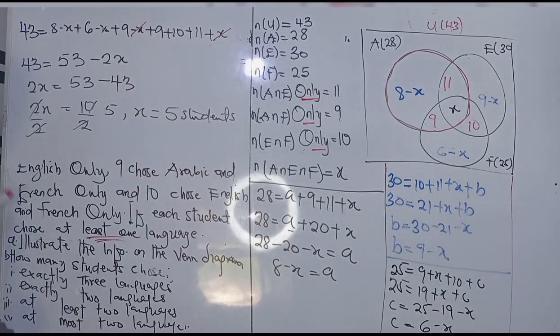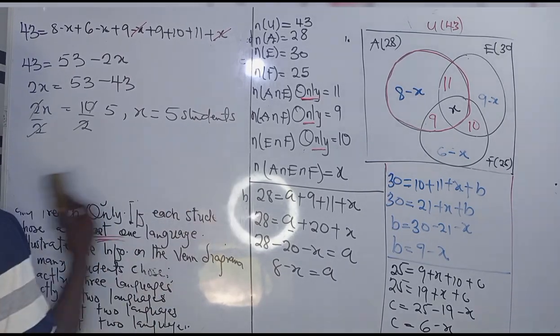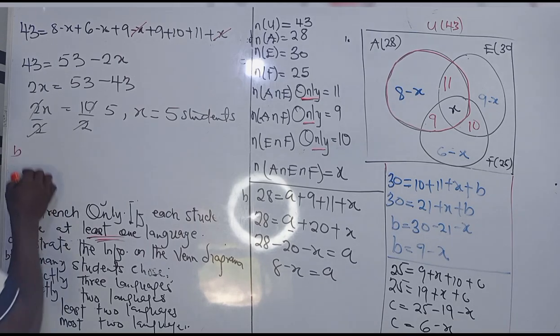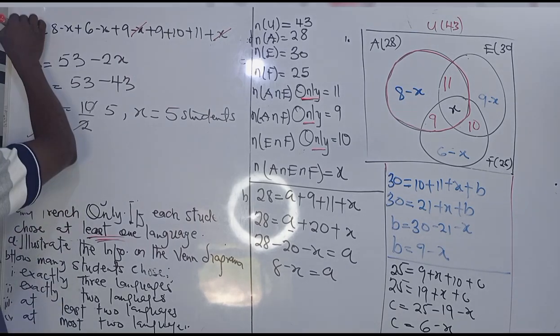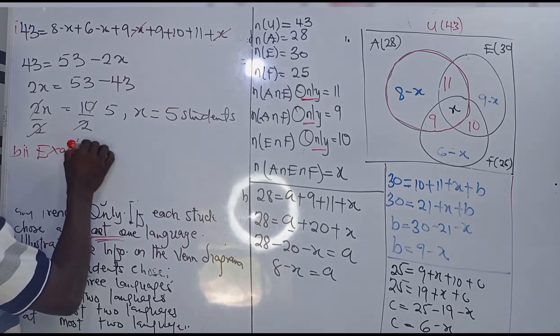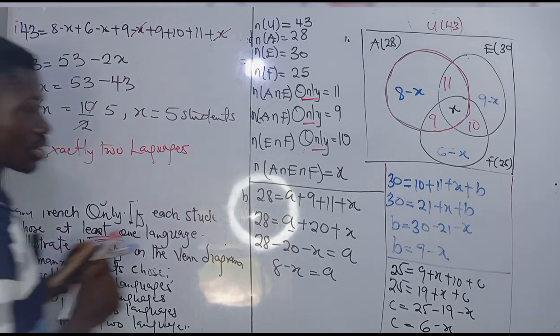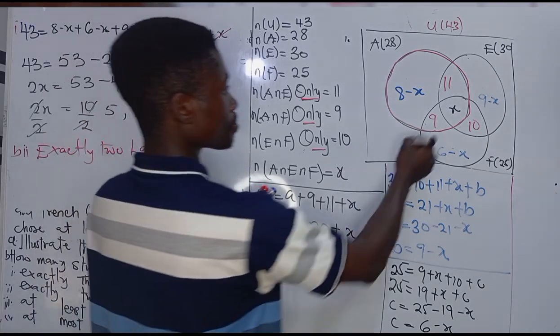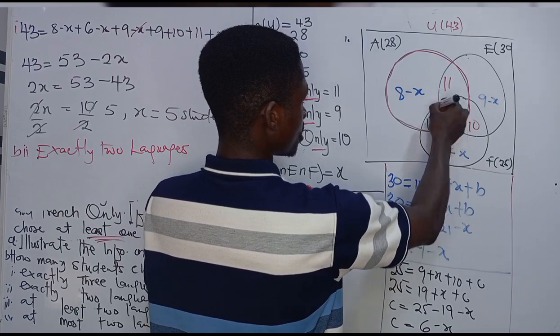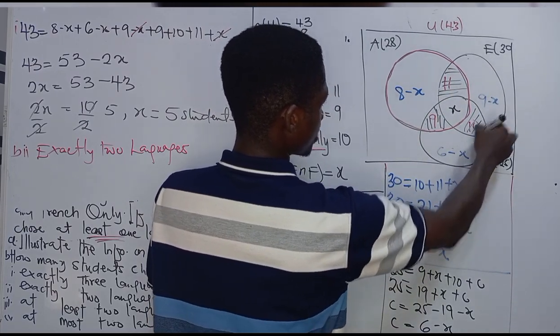Now let's move on to the next question. We have to find the number of students who chose exactly 2 languages. So exactly 2 languages, then we are talking about this region, and then this region.